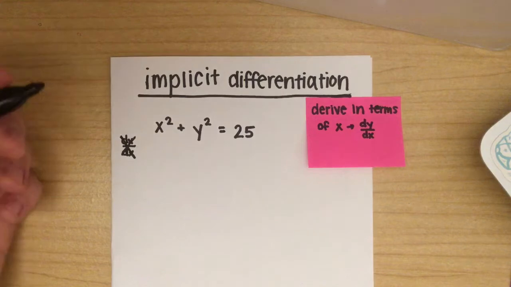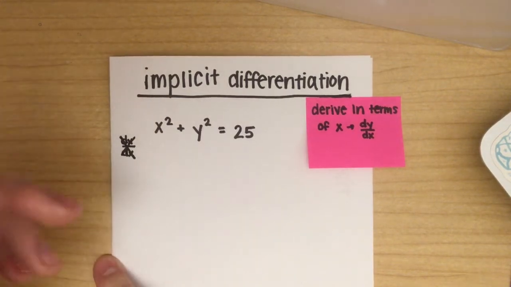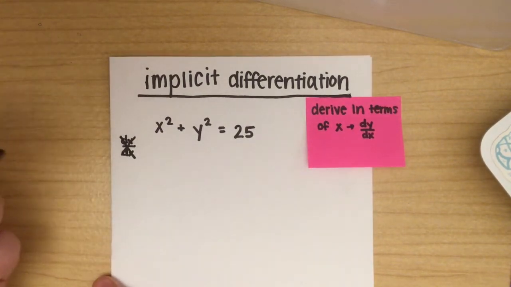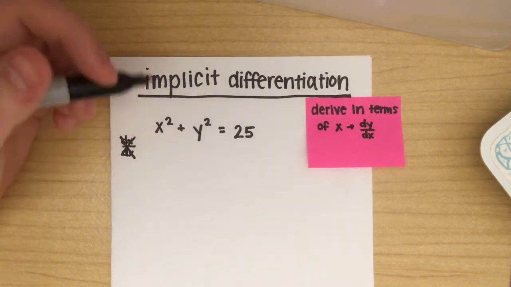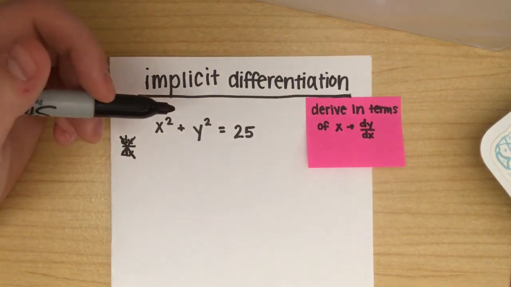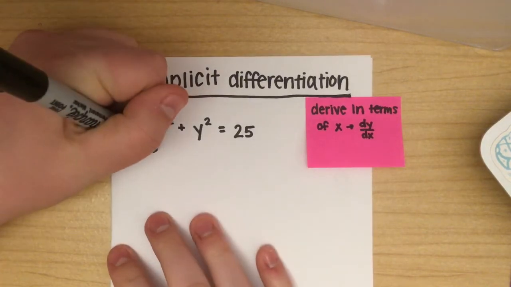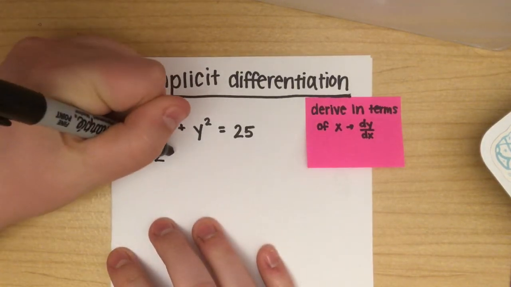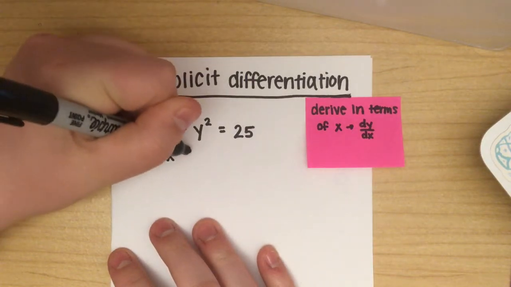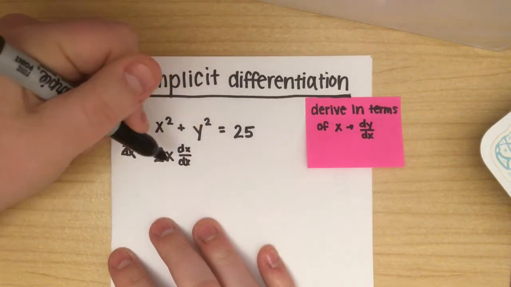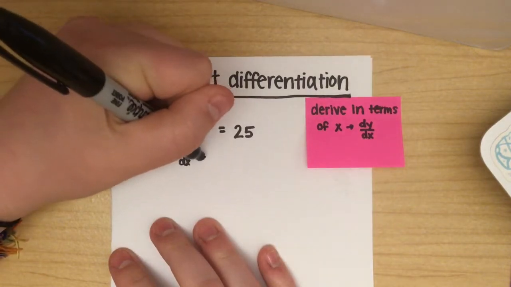So in this problem, you want to take the derivative kind of normally, except you factor in the dy dx's throughout. So this would be 2x, and we could write dx over dx, but that would just equal 1, so we don't need to do that.